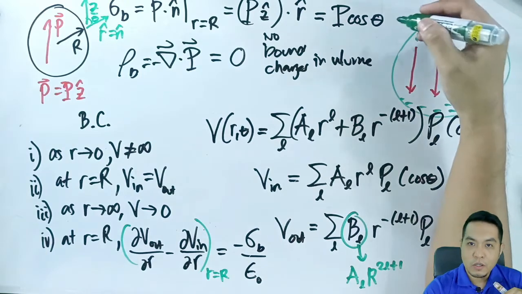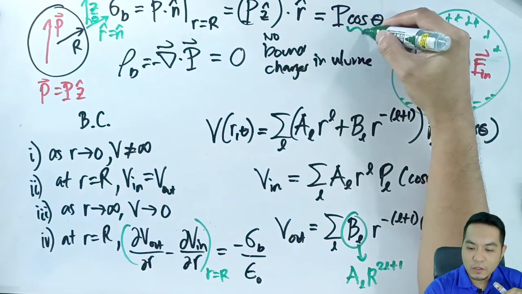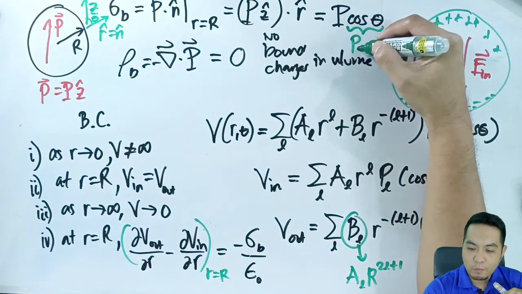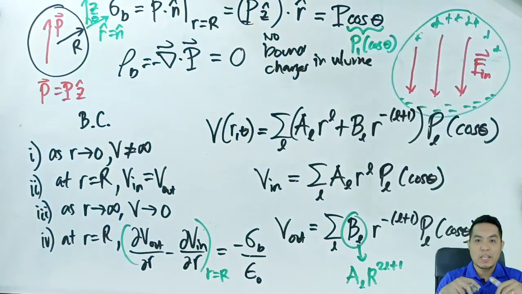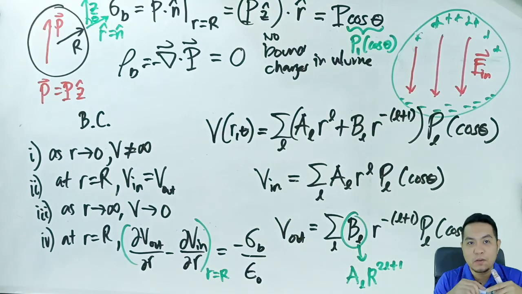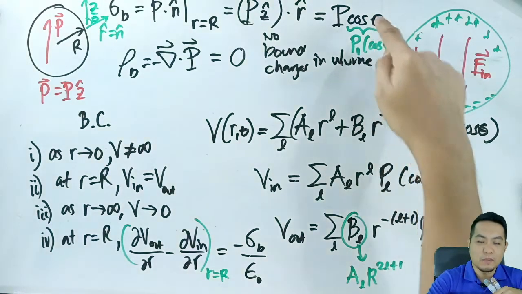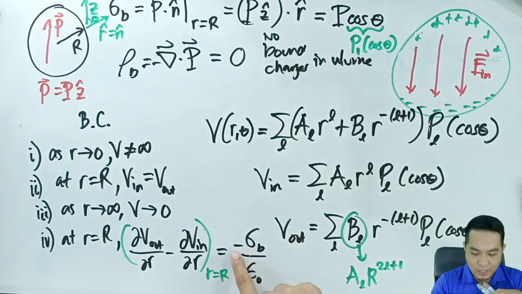So you can actually write cosine theta as P1 of cosine theta. P0 is 1, so P1 of cosine theta is actually cosine theta. So you can use the Legendre polynomial here.